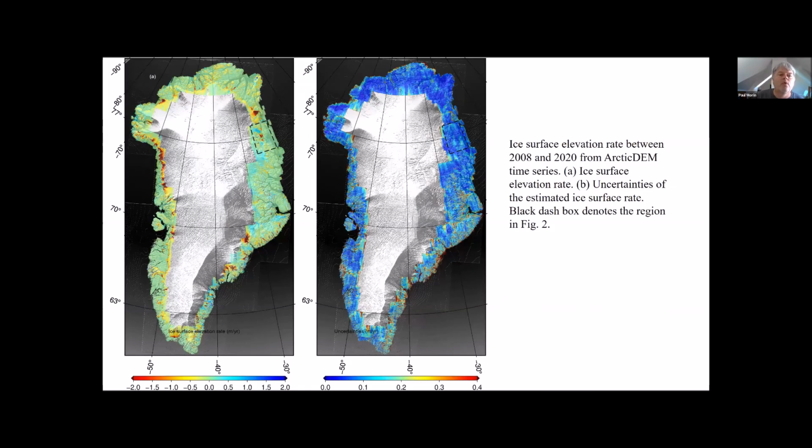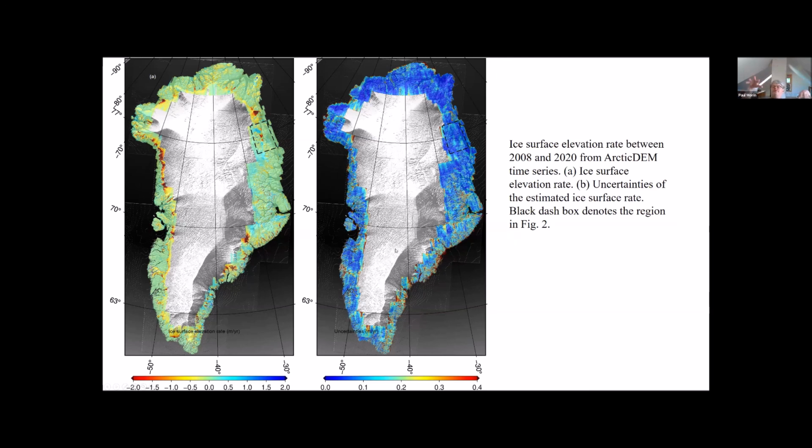And she started to go in and look at the ice surface, the change in the ice surface elevation rate. And so on the left here, you'll see that we're going down by meters at a time. And on the right, you're looking at the uncertainty here. So the uncertainty that she's finding, basically a lot of the error is sub-half meter for most of the areas.